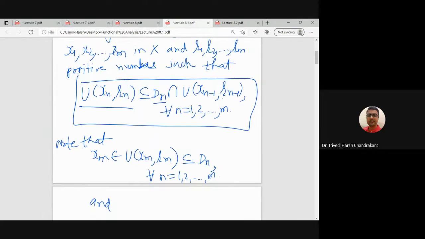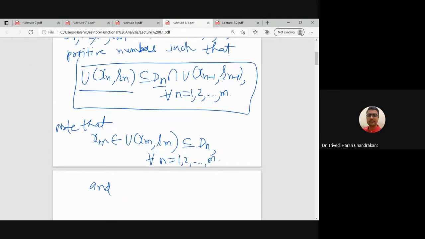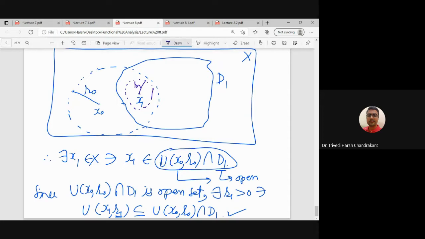So the disks are getting smaller and smaller, each disk is contained in each Dn before that, and moreover each xm also belongs to U(x0, r0). So you can see x1 is in U(x0, r0). Now again the next disk will be inside this disk.